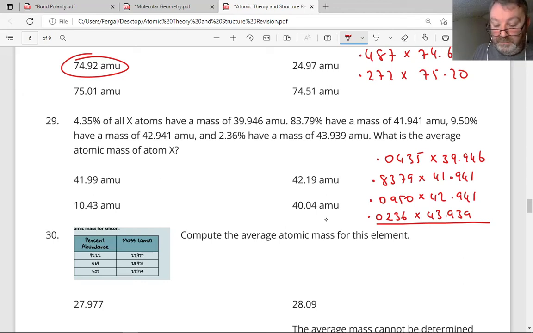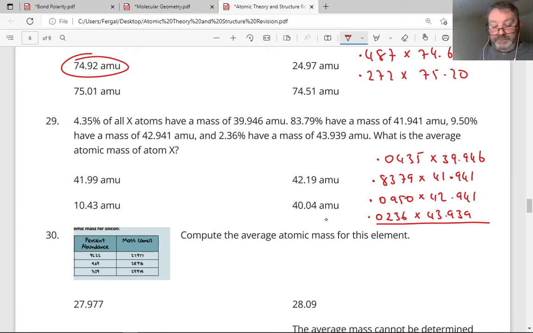Okay, plus 0.8379 multiplied by 41.941 plus 0.095 multiplied by 42.941, and then lastly 0.0236 multiplied by 43.939. Now if I've done that correctly, I get a syntax error.